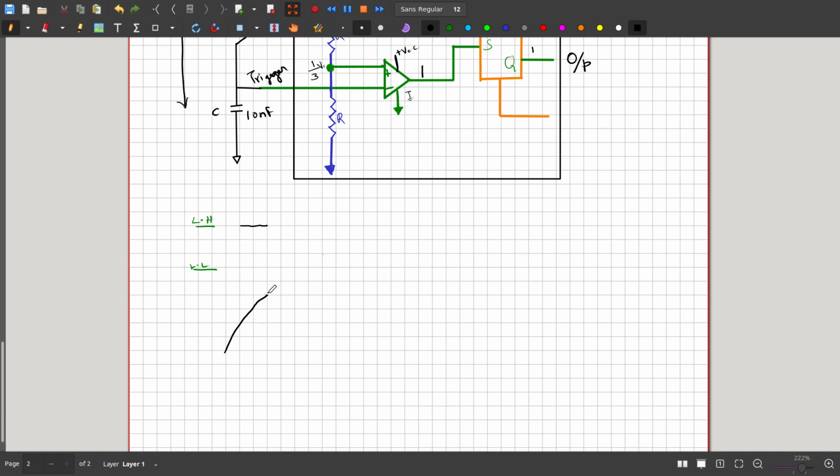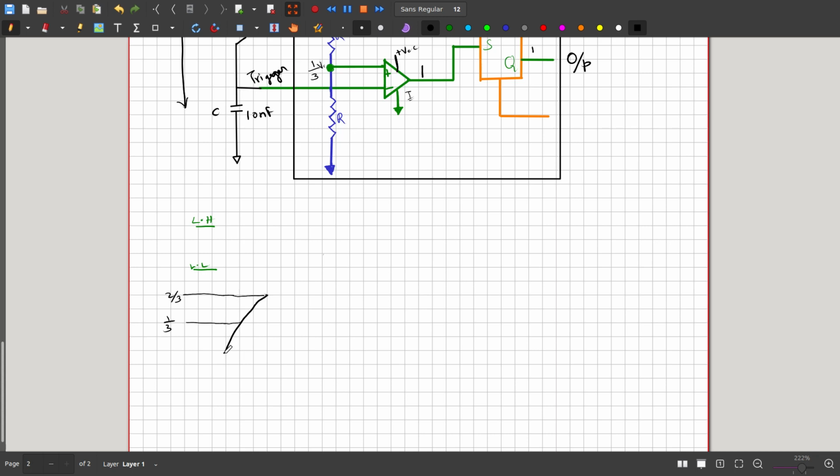When the capacitor charge is about the 1/3 level, let this point be 2/3 level. So this is the 1/3 level and this is 2/3.